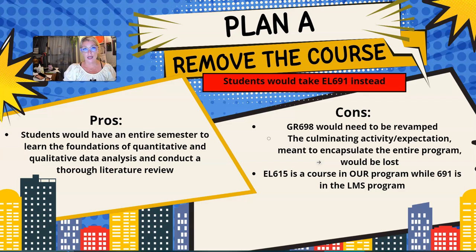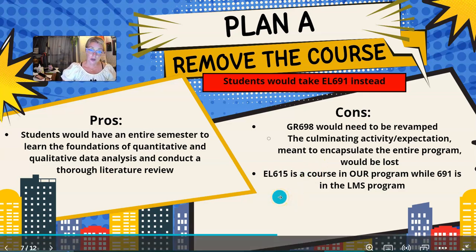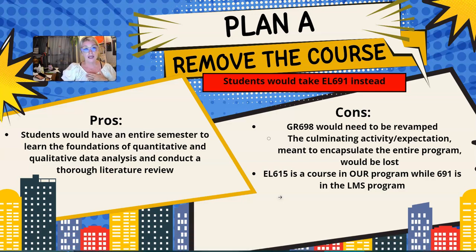So we would have to look at 698 and say, how do we want to represent the preponderance of our program? Also, another drawback would be that, from EESE's point of view, we would be losing a course. 691 is only taught from the LMS program, from my understanding. Okay?